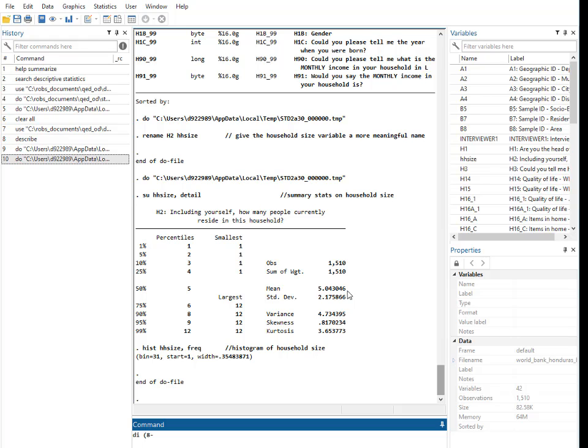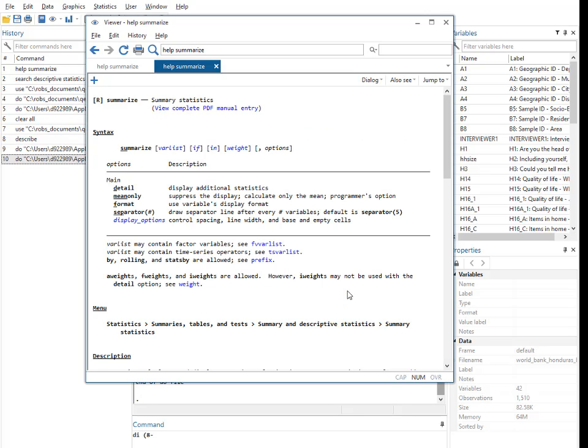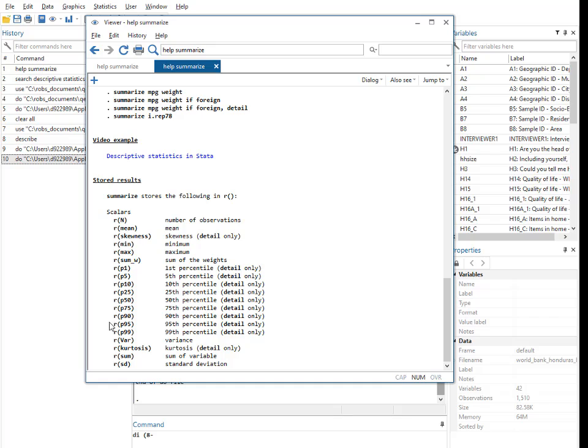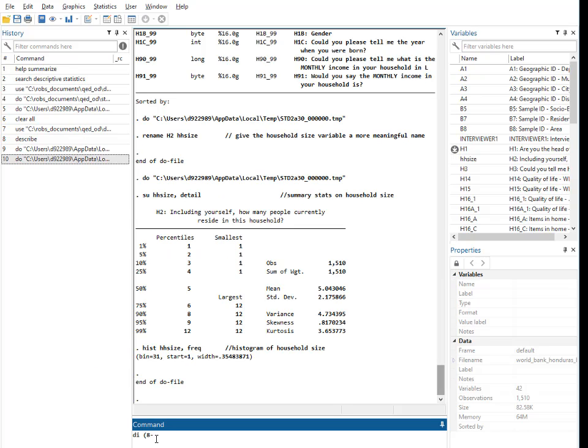If you look back at the summarize help file, which I think might still be open, you'll see down here these are the things that are saved. So I'm going to need the mean, the standard deviation, and the number of observations in a minute. So I can use all those in the display command by saying, let's have 8 and subtract from that the mean, like so, and then divide by the standard deviation.